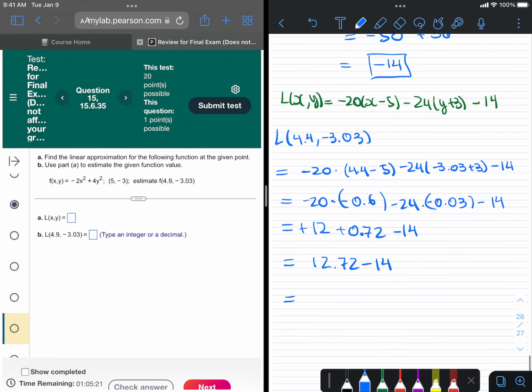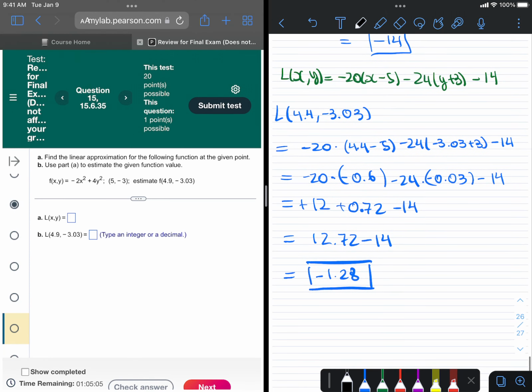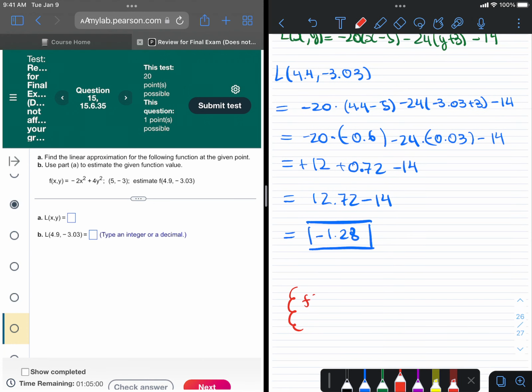So pretty easy calculation there. And that's what I wanted to show, how much easier that is in comparison. So that's negative 1.28, right? That's what we have. And that will be a lot easier than to actually calculate f of 4.9, negative 3.03, which would require us to do minus 2 times 4.9 squared.